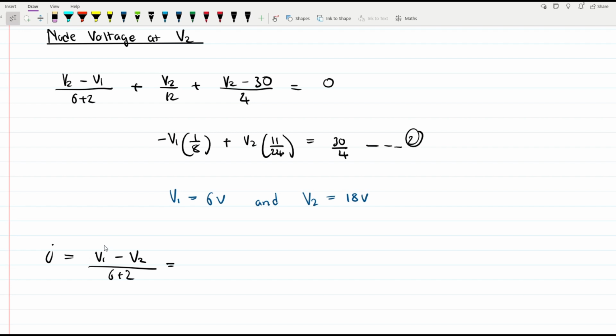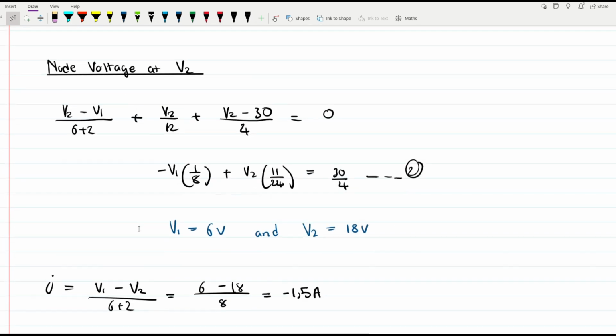We already have V1, which is 6. So we're going to have 6 minus 18 divided by 8. You should get something like negative 1.5 amperes. So that will be your current.